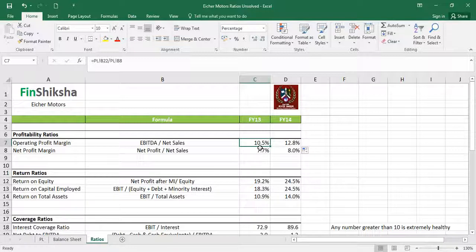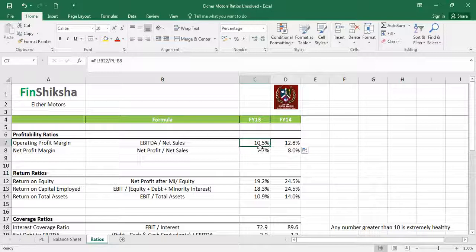So that's the trend that the company has seen in terms of these ratio calculations. That's very important for us to know. This is how you would basically go about putting numbers for any particular company. Put the formula, calculate the numbers, and then the next stage is where we will start doing the analysis.